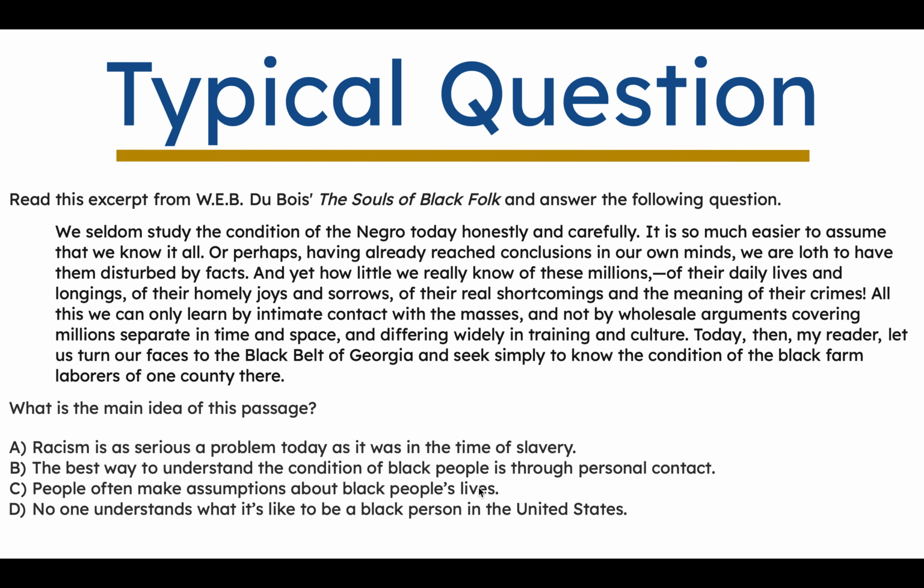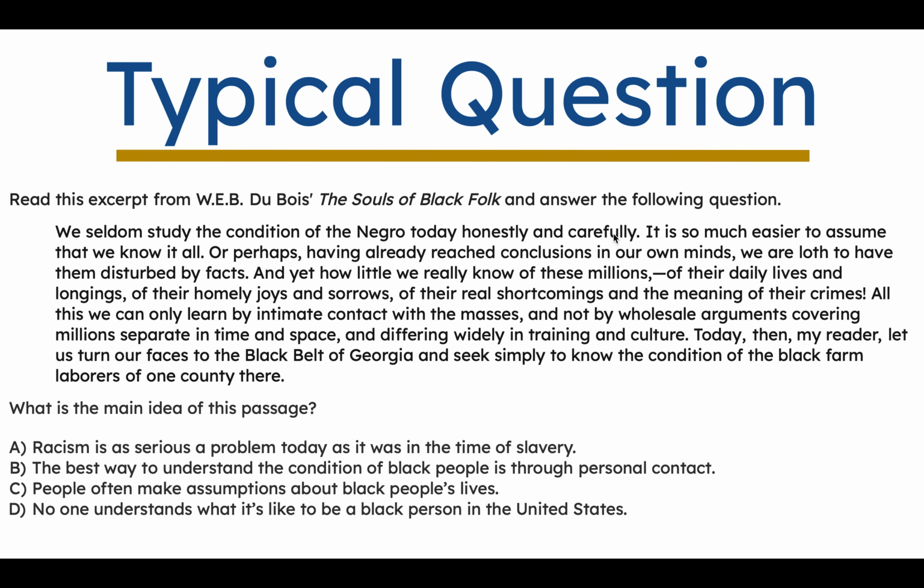Which of these two is the main idea, the thing that the author really wants us to understand? Is it that people make assumptions, or is it that the best way to understand the condition of black people is through personal contact? Because of the way the paragraph ends, that they're about to turn their faces to some black farm laborers in one county in Georgia, that seems like personal contact, getting to know people. That seems more important to me than just making assumptions.